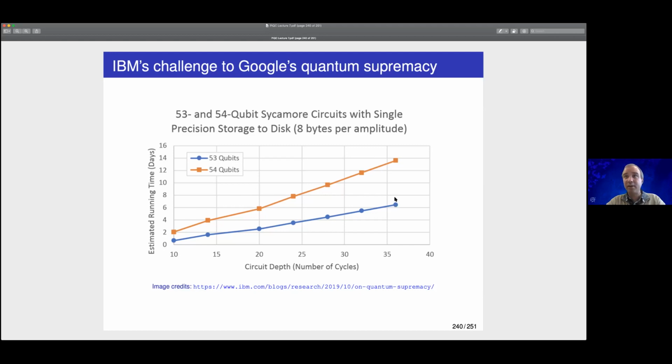And you see here that the growth of this is exponential. I mean, for 53 qubits, you need more or less half what you need for 54, okay? And the same is true for the other number of layers. So it is clear that when you add a qubit, the time that you need gets multiplied by 2.